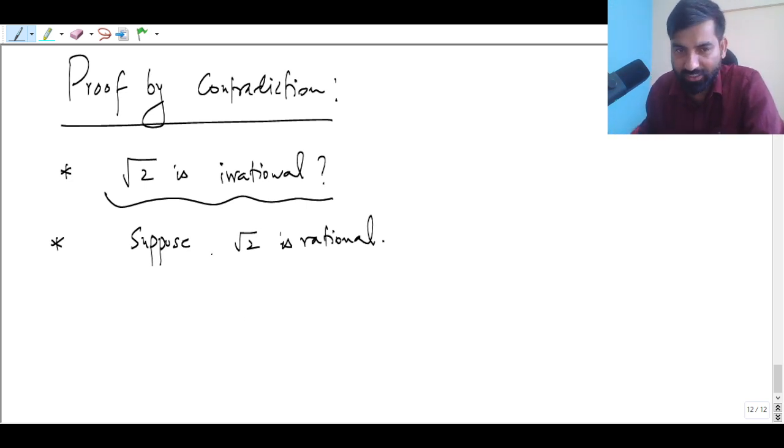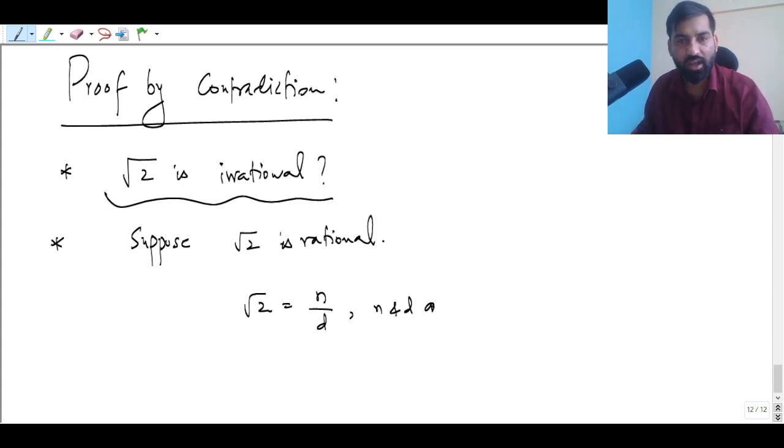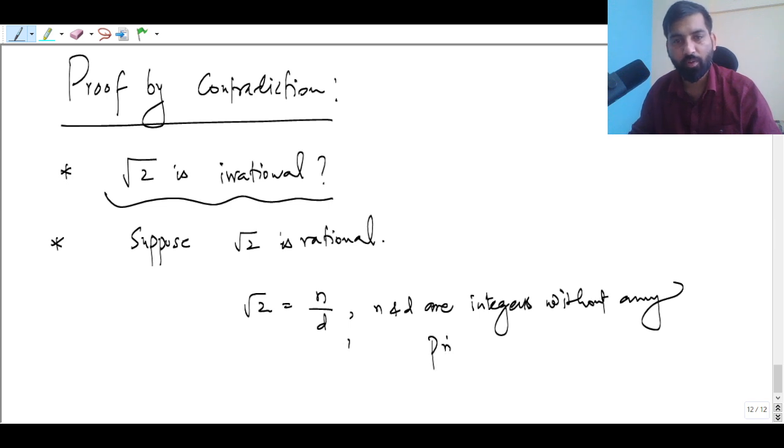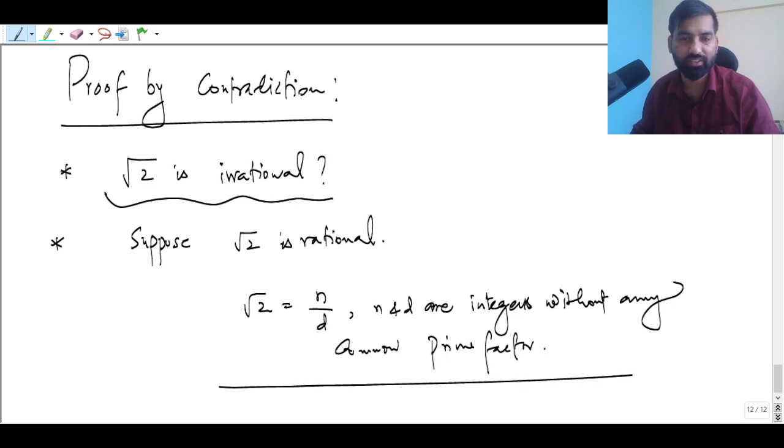So I must be able to write this root 2 as numerator by denominator, like n by d, where n and d are integers without any common prime factor such as 2, 3, or whatever, without any common factor; only 1 is going to be common between n and d.